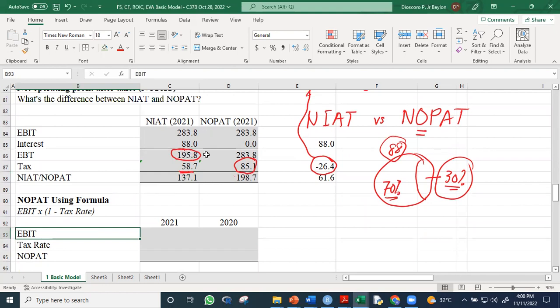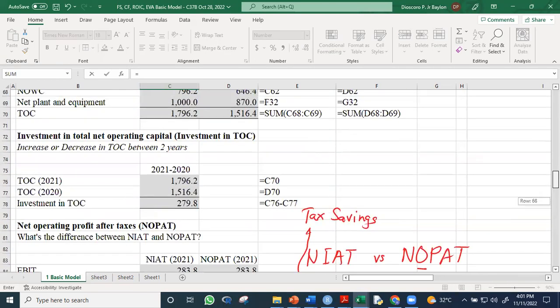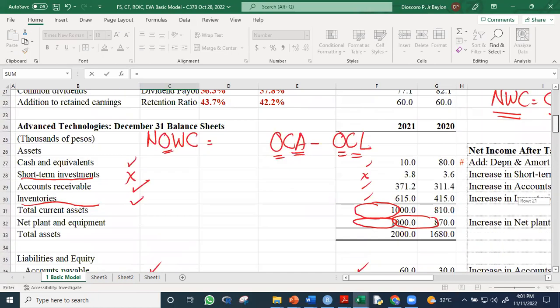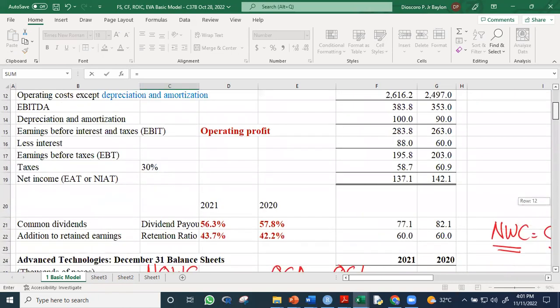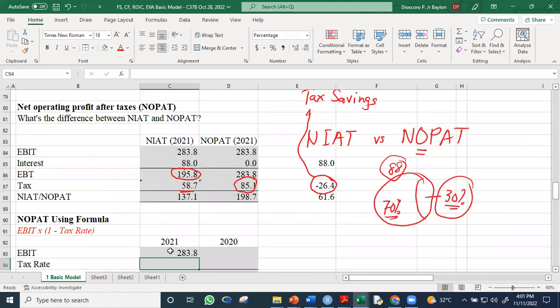All right, so if we know EBIT, class, we don't need to go here. We don't need to compute for this one. We can just start with EBIT and use this formula, EBIT times 1 minus tax rate. In other words, from the EBIT, we deduct the tax savings to get your NOPAT. So let's get the EBIT from here, EBIT for 2021 and EBIT for 2020.